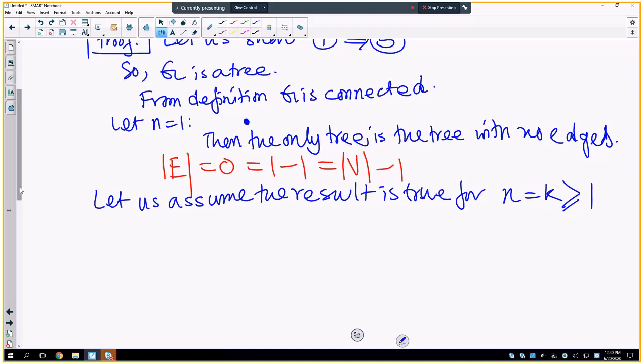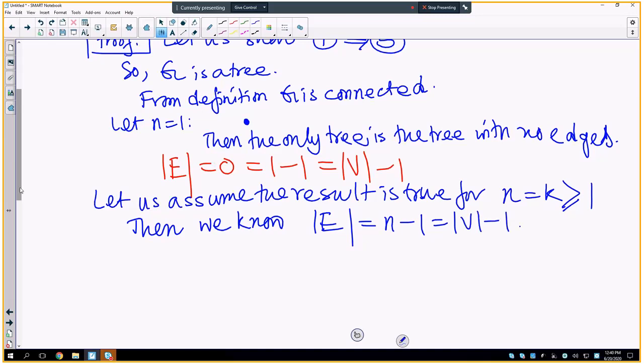And then we know, because we are assuming this result is already true, the size of the edge set is n minus 1, which is equal to the number of vertices minus 1. So we're going to assume that 5 is already true for n equal to k. The last step is to show that 5 is true when n is equal to k plus 1.